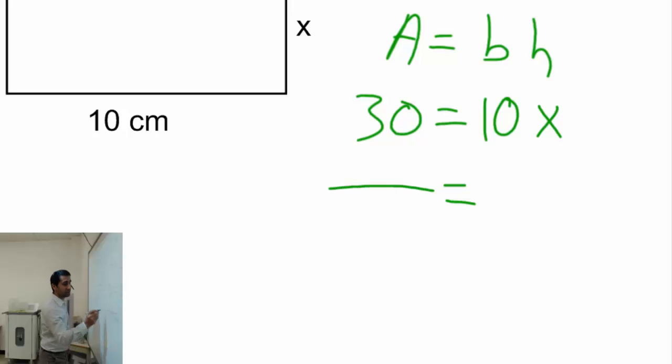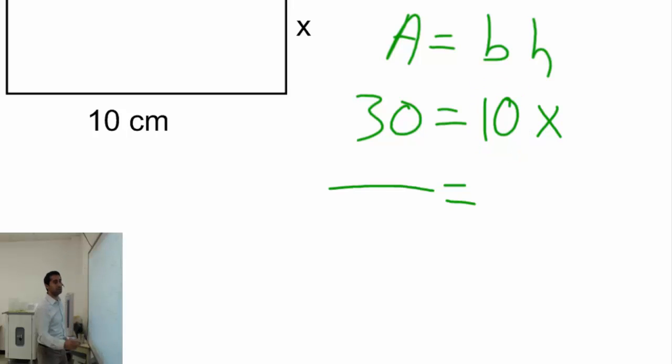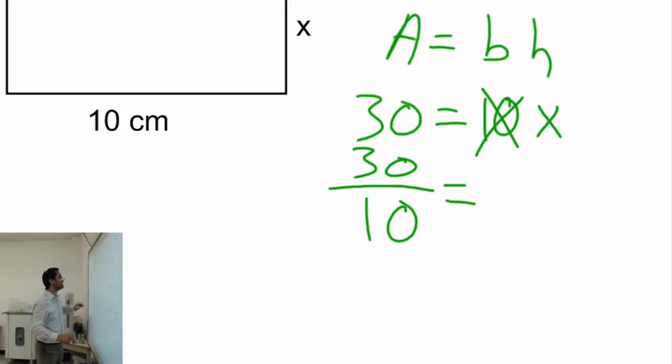So let's do the division first, because I like to have the division line right in the middle of the equation sign. And underneath, I'm going to write down that number that's going to go to the other side. So it will be 10 here. Now it divides 30, which is still on the top. And now this has gone to the other side, so X is alone.